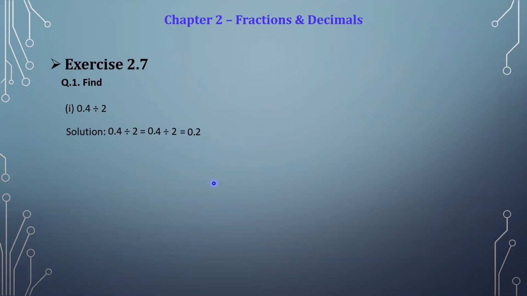Now the second example is 0.35 divided by 5. Here if we consider the decimal number 0.35, and measure how many digits are present after the decimal point, then those are 2.